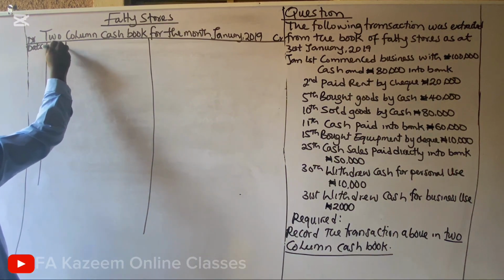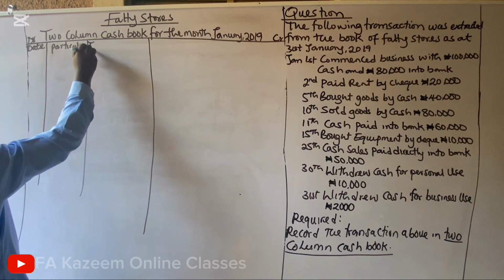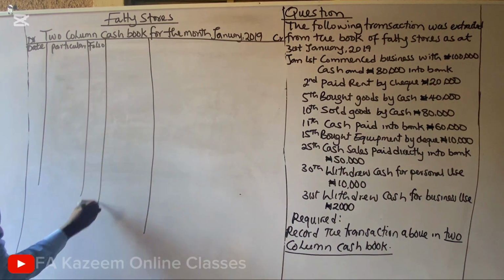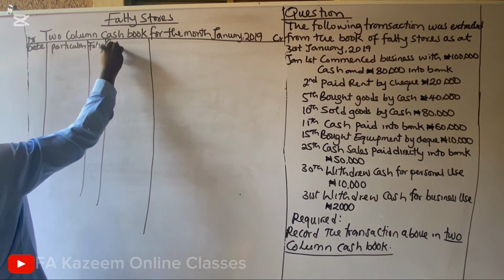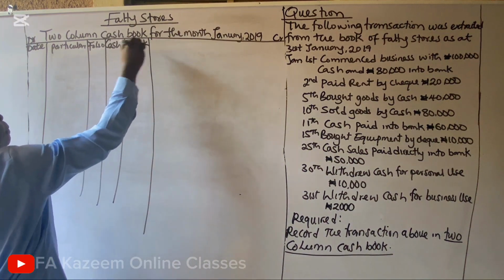Now, we'll put a column for date. After date, we put particulars. After particulars, we put folio. After folio, we put cash. After cash, we put bank.